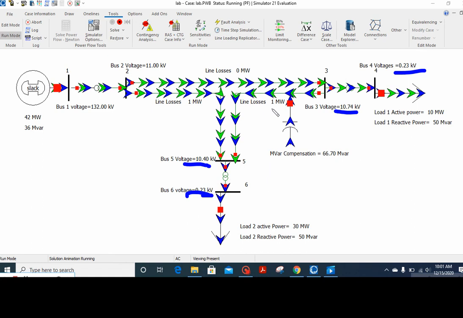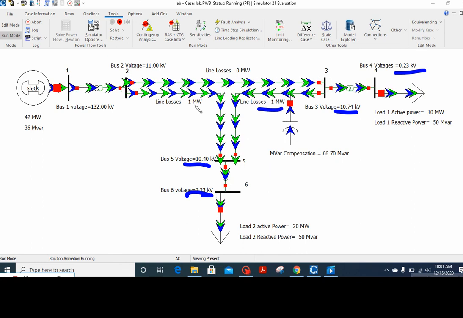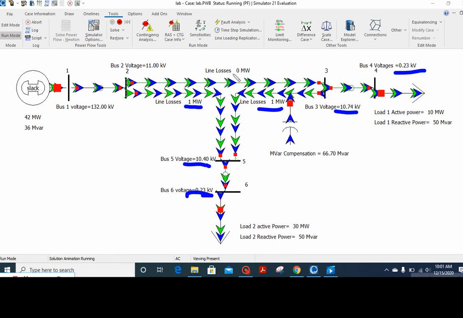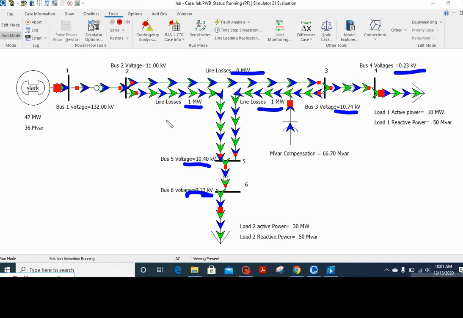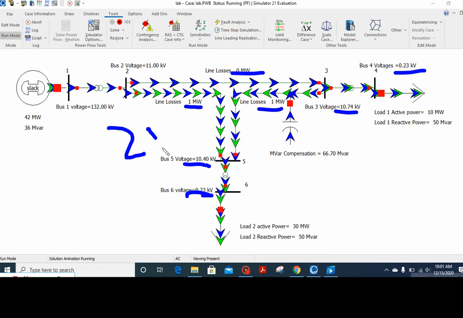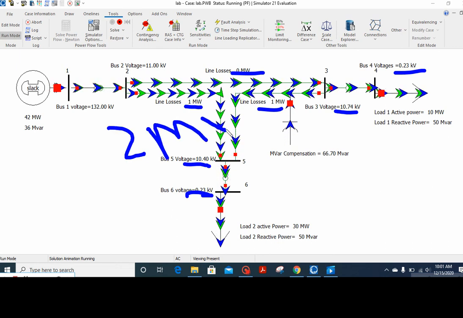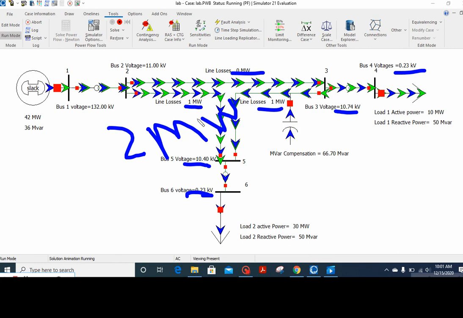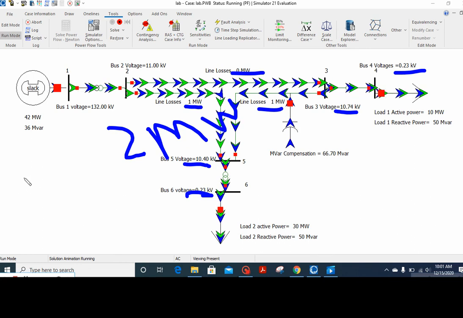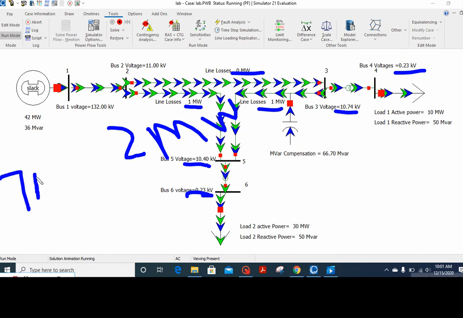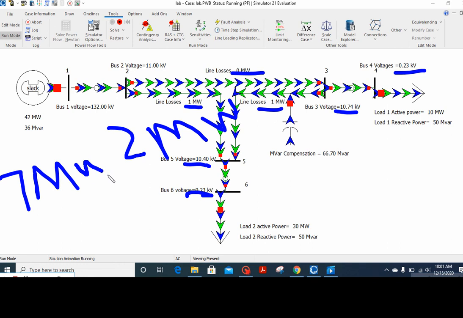And one more thing, you may see that our line losses became 2 megawatt only. Firstly these were 7 megawatt, so now we improved from 7 megawatt to 2 megawatt.